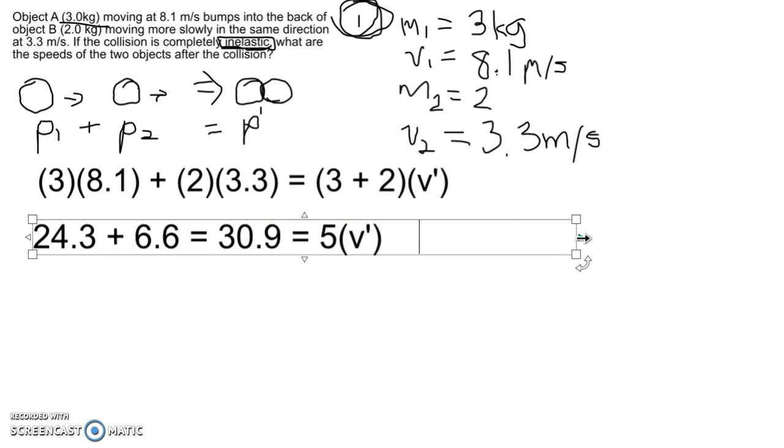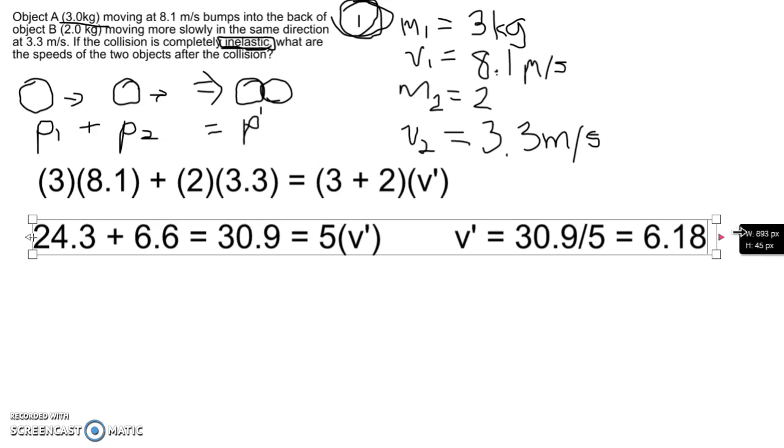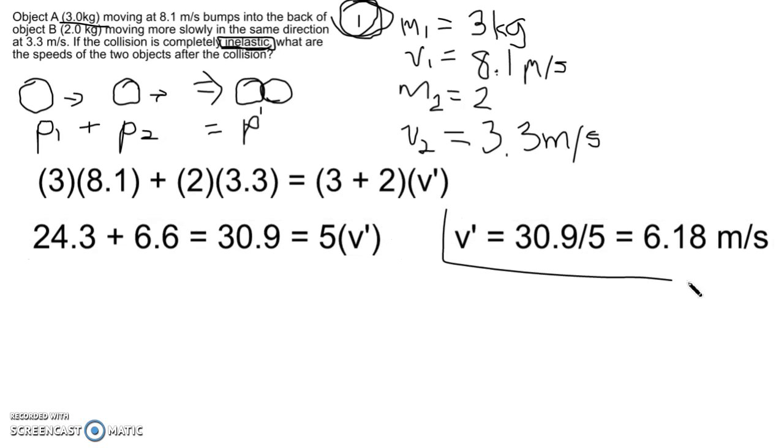So V prime equals 30.9 divided by 5, which equals 6.18. If you care about significant figures, it's 6.2. However, I don't. That's our final answer.